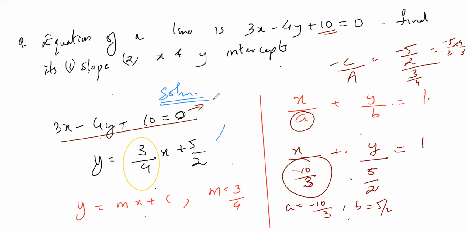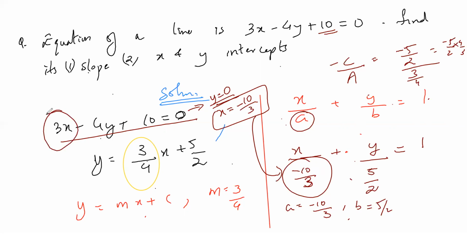If I put Y value as 0, what is my X value? X is equal to minus 10 by 3. Simple thing. Put that thing here. X is equal to minus 10 by 3. Or else for Y intercept, put X as 0. If I am putting X as 0, what is Y value?